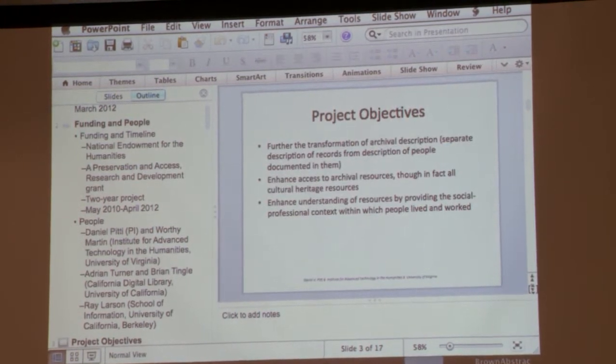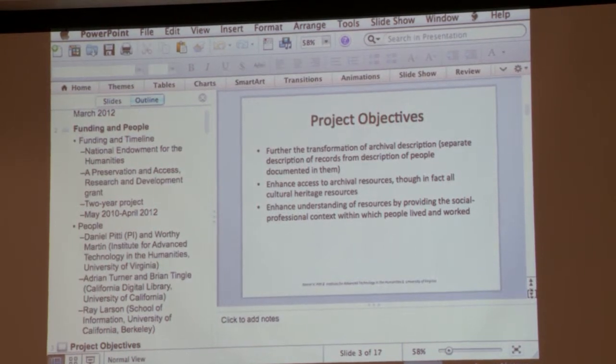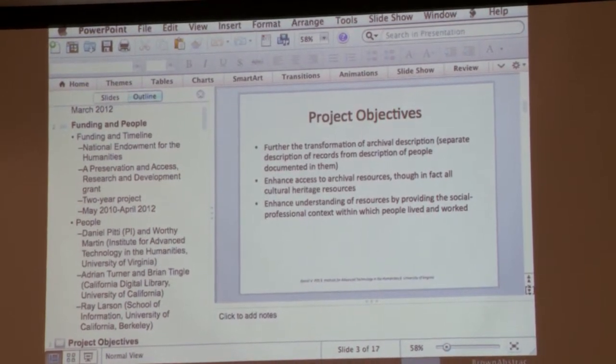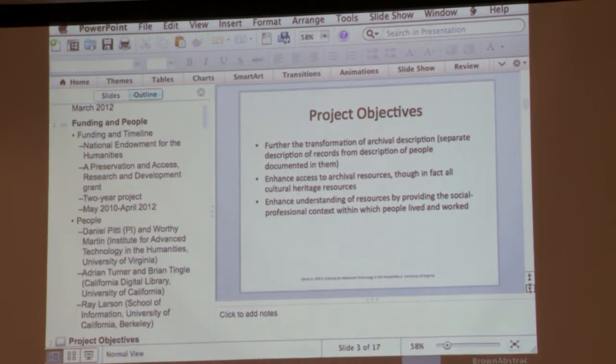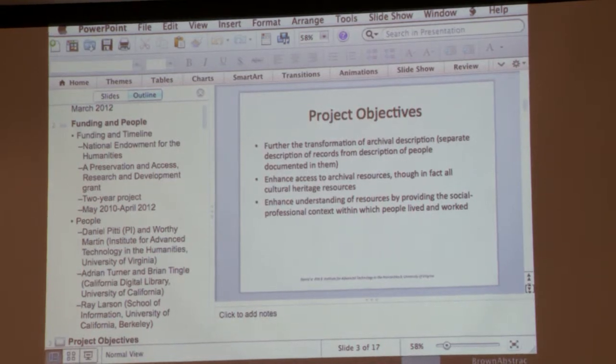Okay, so the project's objectives, succinctly stated. On one hand, the audience in the community that I'm interested in are archivists and manuscript librarians, and having been involved for a long time in transforming what was an analog-based descriptive system into a machine-readable descriptive system, part of what I'm up to here is furthering that process of creating a machine-readable environment for archival description.